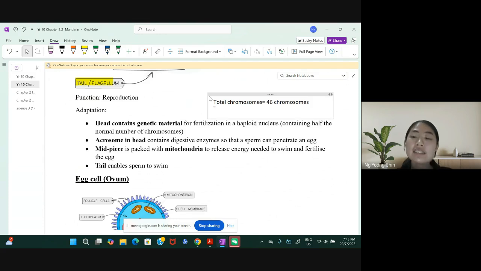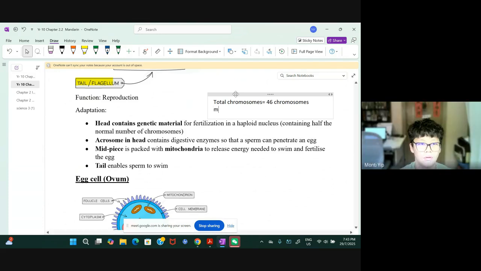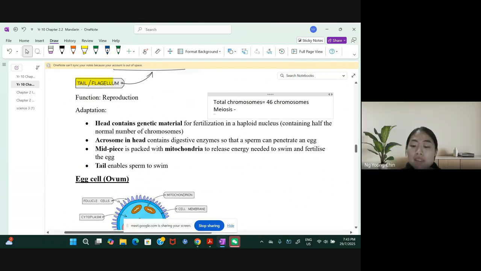After that, the chromosomes are split by meiosis. Meiosis produces haploid cells, which contain half the chromosome number, now about 23 chromosomes.